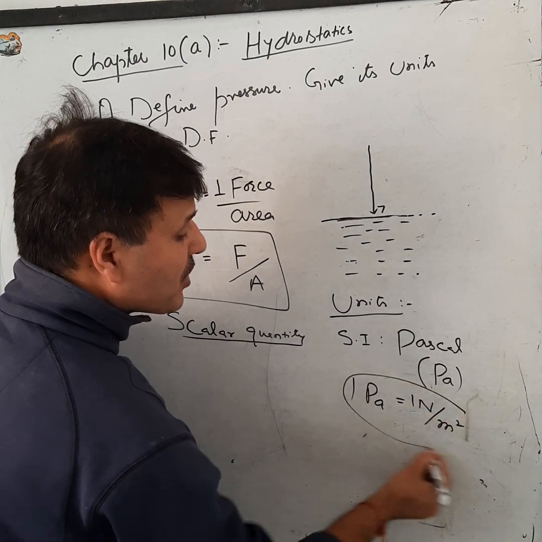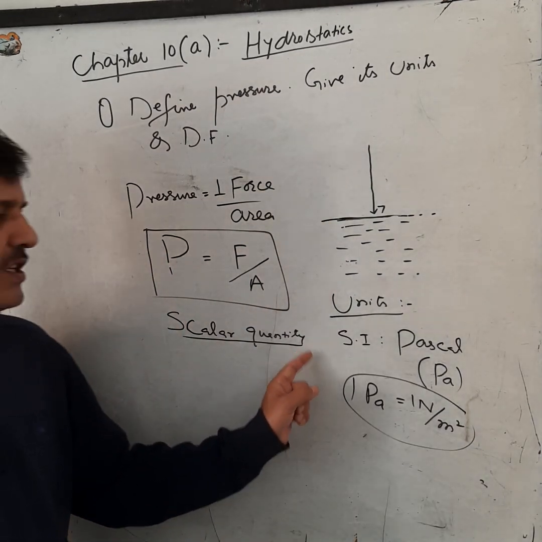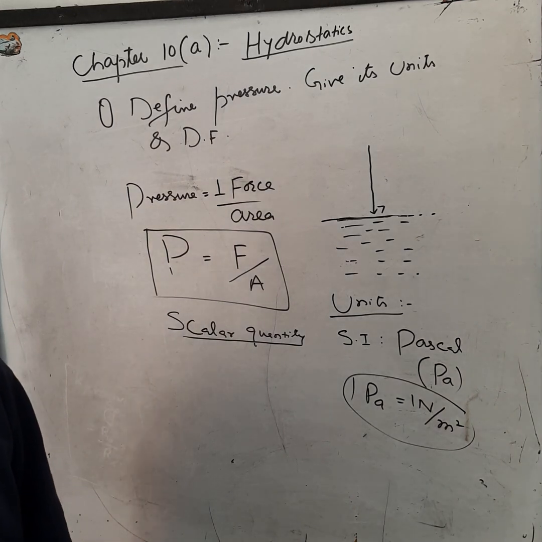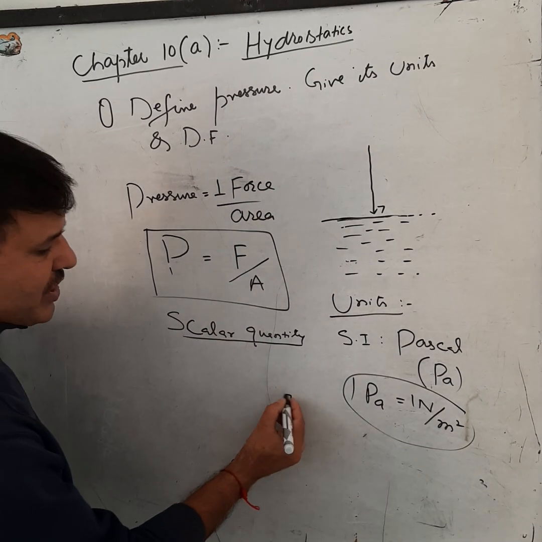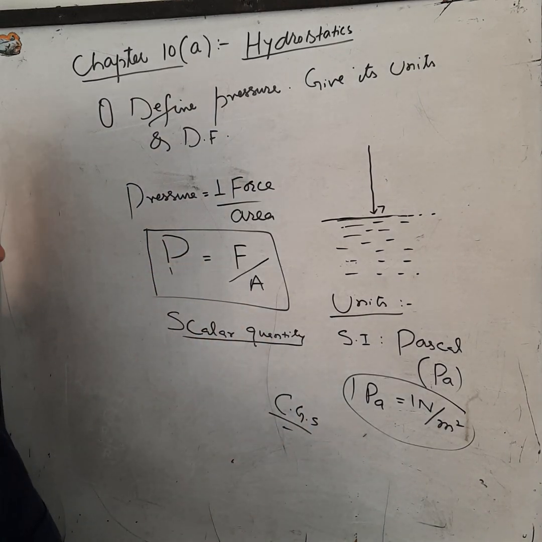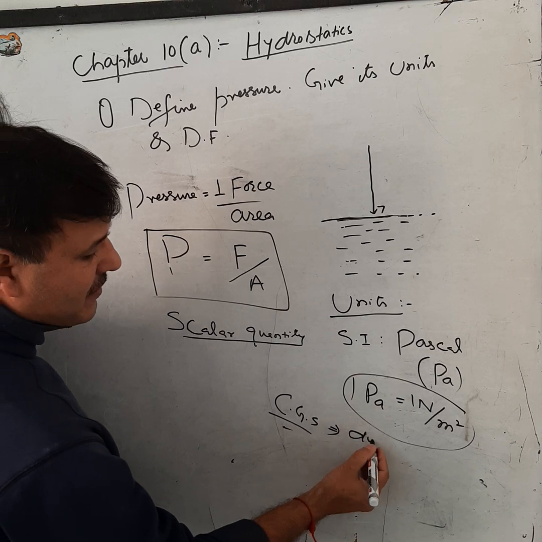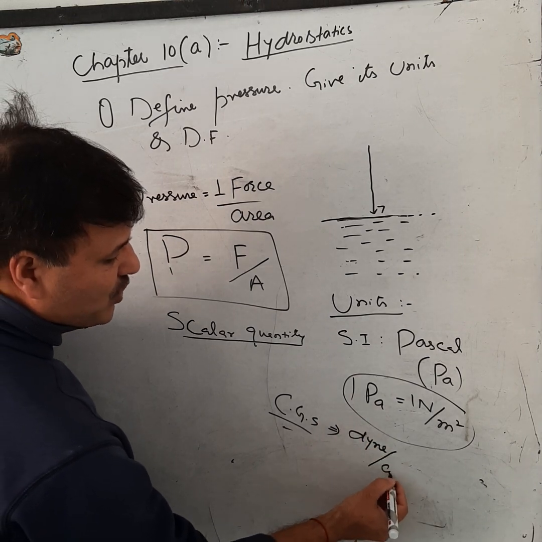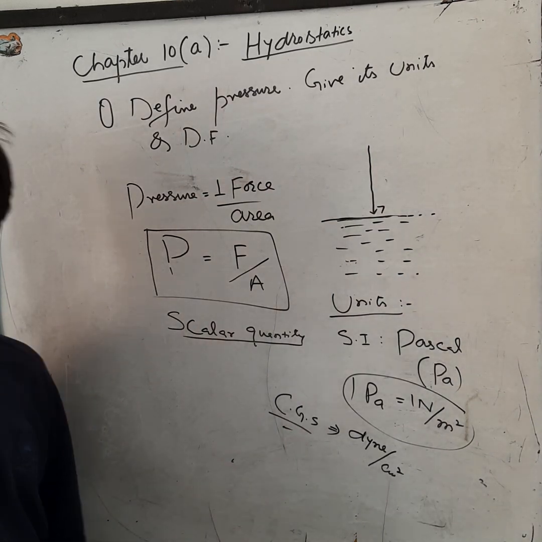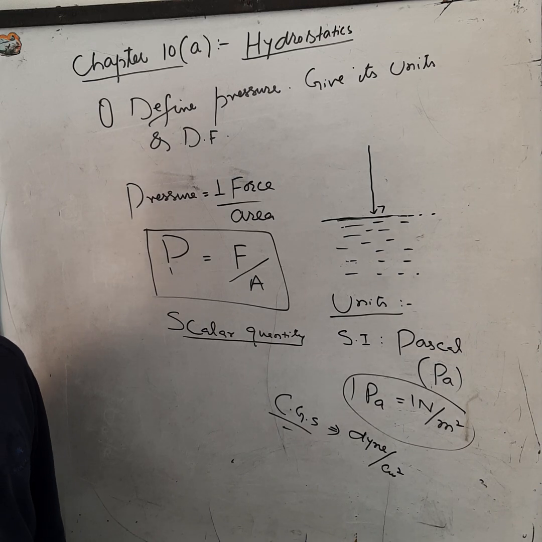Hence, Newton per meter square is also the SI unit of pressure. In the CGS system, the unit of pressure is dyne per centimeter square. Remember it. Pressure is a scalar quantity.